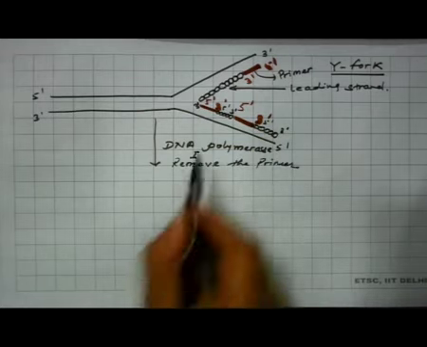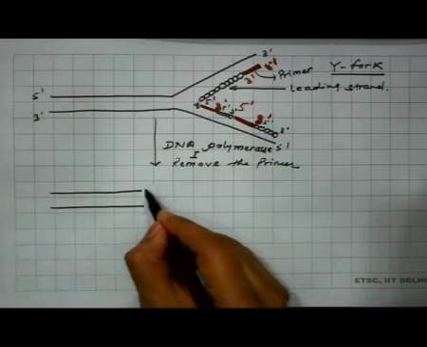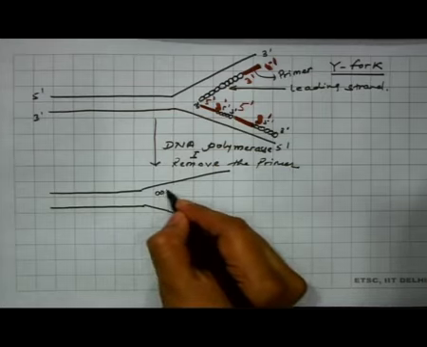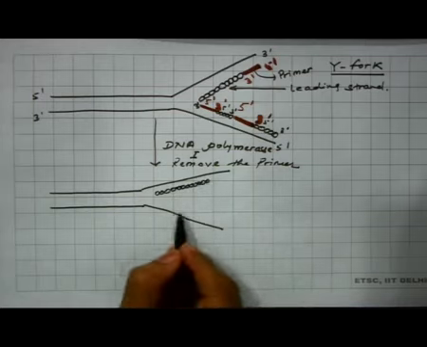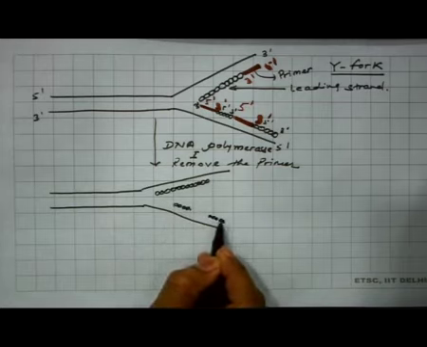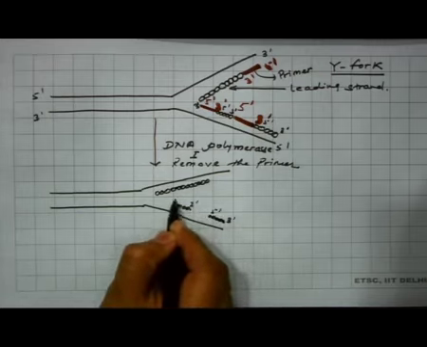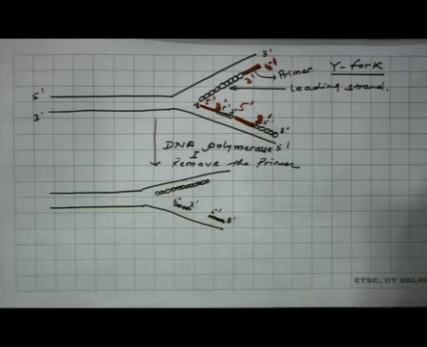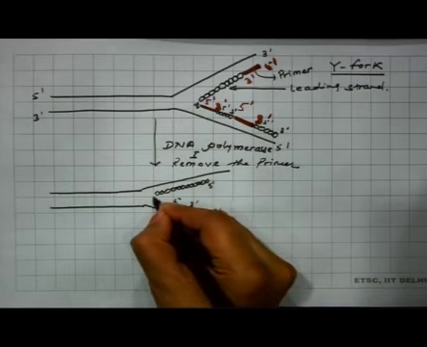Now what will happen if primers are removed? Let us see. If DNA polymerase removes the primer, what will be the scenario? 3' end, 5' end, 3' end, 5' end, and here there is a gap, and it will be 5' and 3' end.